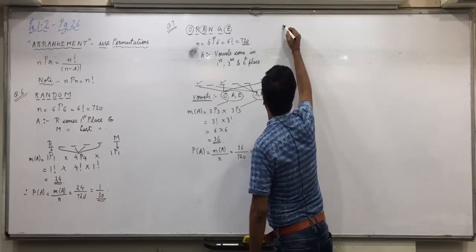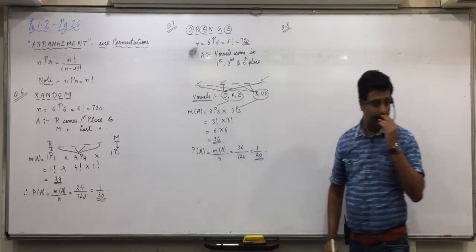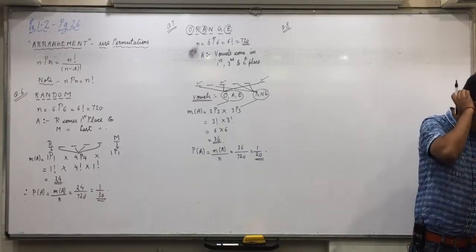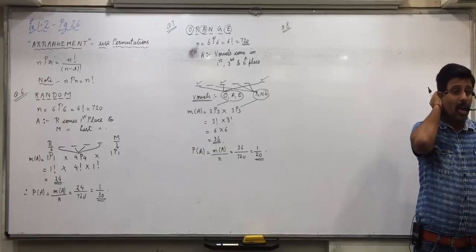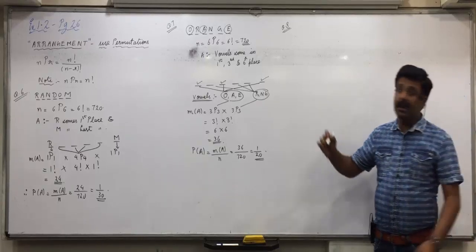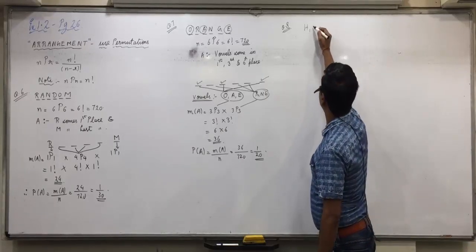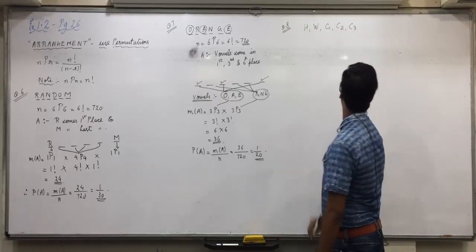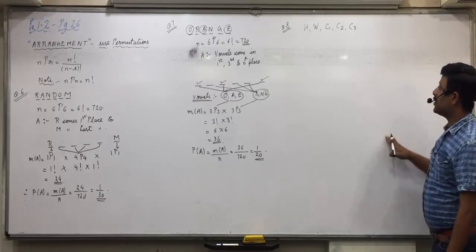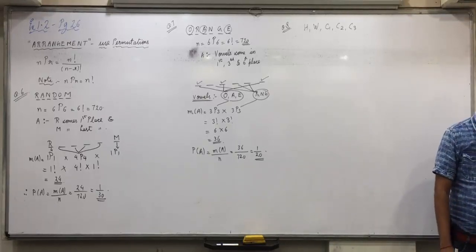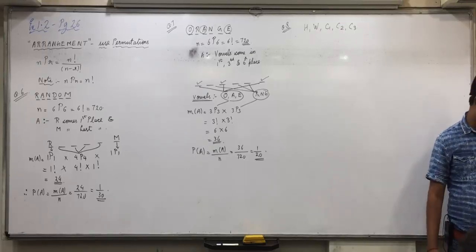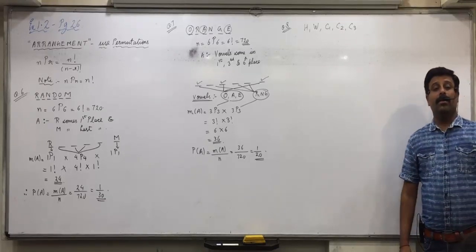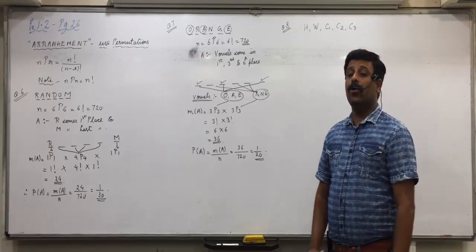Now, question 8. 5 members of a family, husband, wife, and 3 children are randomly, unlike the word arranged, seated in a row for a family photograph.